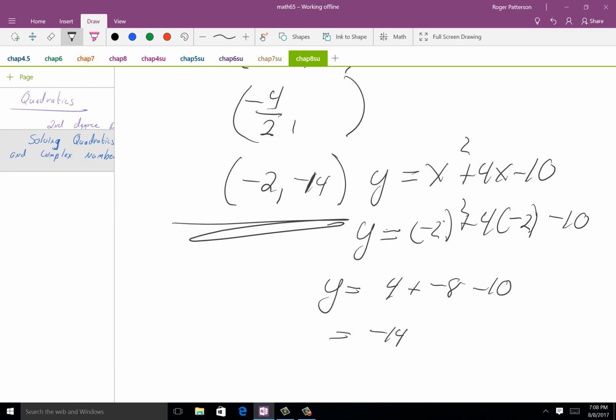So, on your assignment, it says, find the x-intercepts for the parabola whose equation is given. And then there's another one where it says, find the vertex. Okay, so one of them wants you to find the vertex, one of them wants you to find the x-intercepts.